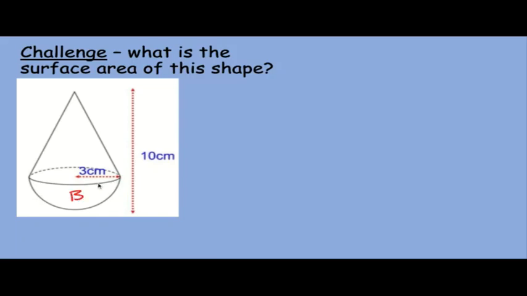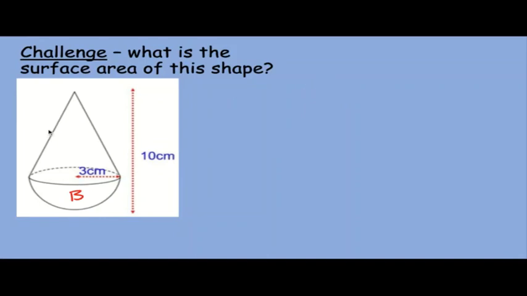So that's relatively straightforward, the hemisphere. We'll come back to that in a moment. But let's just look at the cone first. We don't need to worry about the base of the cone because there is no base, because it's actually attached to the hemisphere. So we can just think about the curved section.